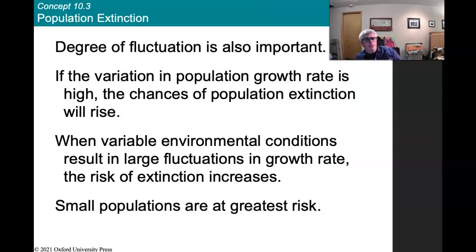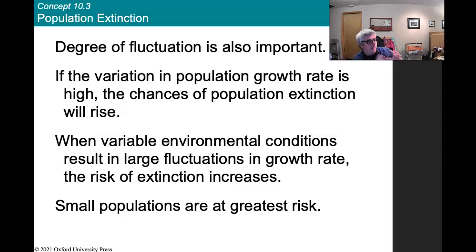The degree of fluctuation is also important. If variation of population growth rate is high, the chances of population extinction will rise. So you can think about organisms that are really sensitive to environmental variation, that have a kind of boom and bust life history.